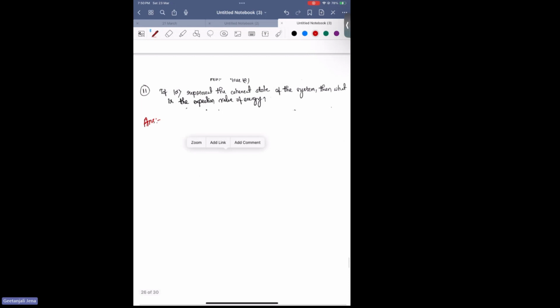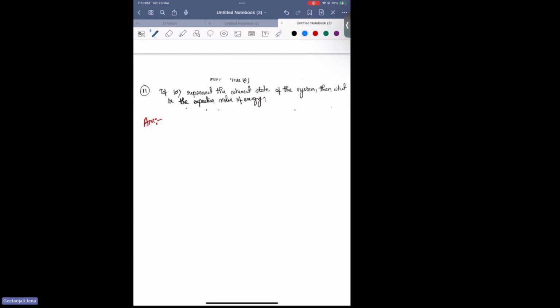So let me explain the next one. The next one is based on the coherent state of the system. If alpha represents the coherent state of the system, then what is the expectation value of energy?